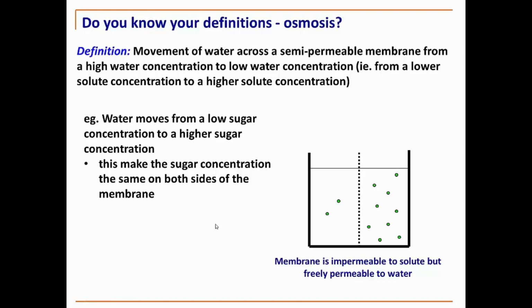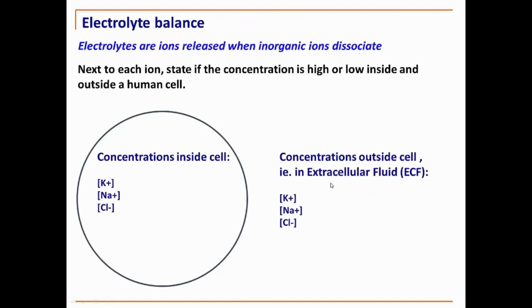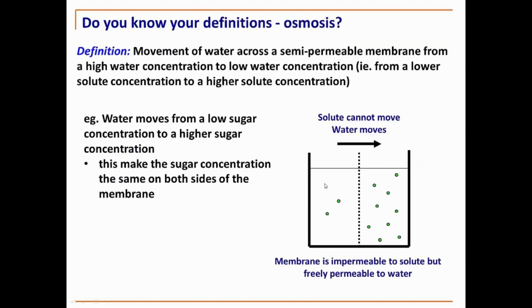Which way is the water going to move by osmosis? What it wants to do is make the concentration of the solute the same on both sides. So that's what it's going to attempt to do. Now, hopefully you said the water is going to move from left to right. So in other words, water is going to leave this side and move into that side.